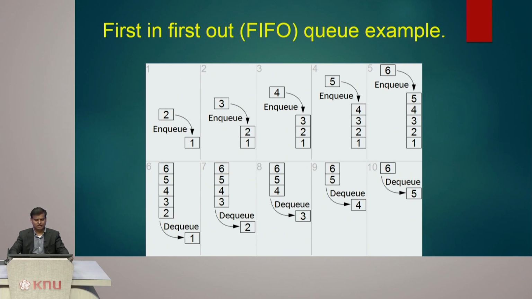So when the first customer comes, he is the first person in the queue, and when the second person comes, he is added to the queue, or enqueued. Then the third person comes in, he is also added to that queue, so he goes behind the second person. Then comes the fourth customer, he is enqueued behind the third customer, and so on.